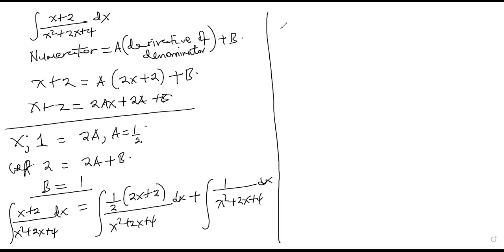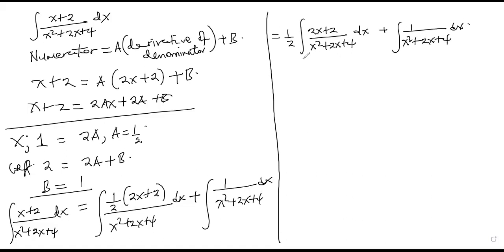You can factorize out a half there, so it is going to be a half integral of 2x plus 2 over x squared plus 2x plus 4 dx plus integral of 1 over x squared plus 2x plus 4 dx.